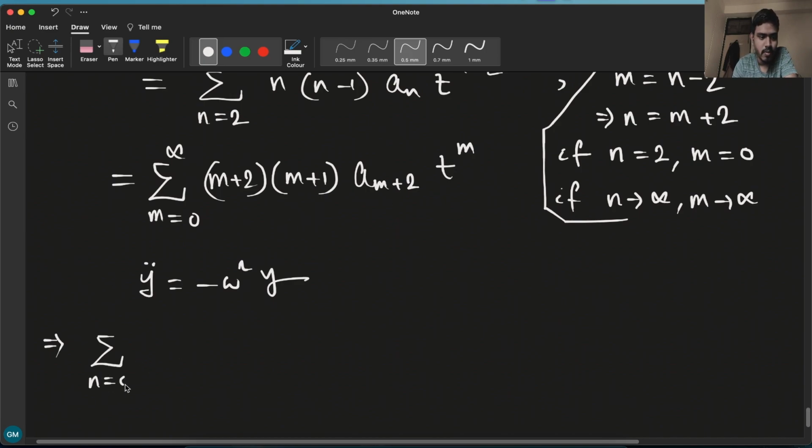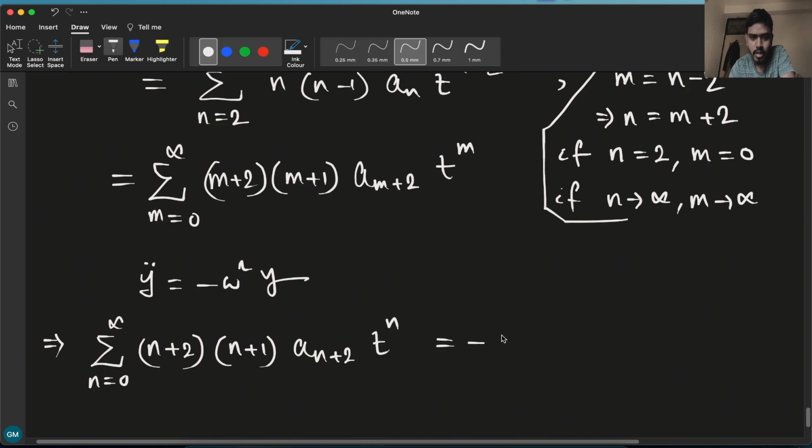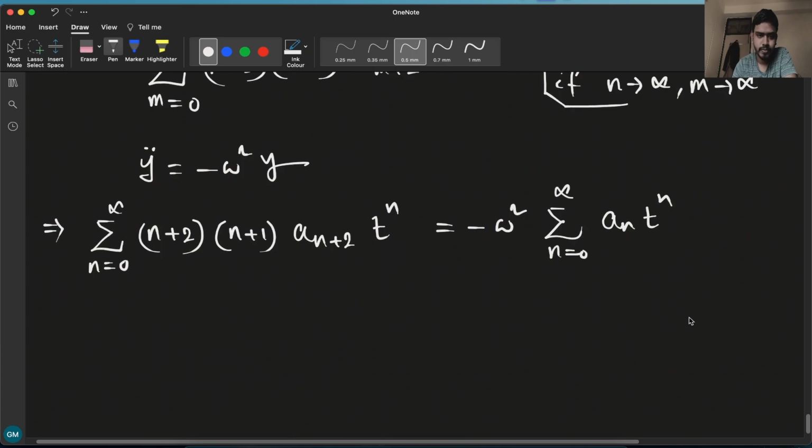So I am writing it as summation n equals 0 to infinity (n plus 2)(n plus 1) a_{n+2} t to the power n equals minus omega square summation n equals 0 to infinity a_n t to the power n.